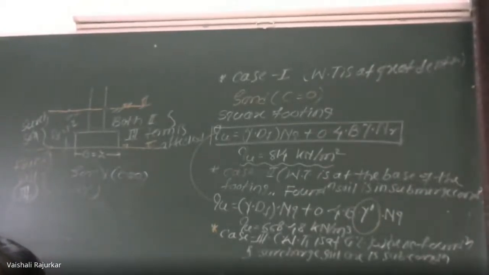A circular footing is resting on a steep saturated clay with QU is 250 kilonewton per meter square.